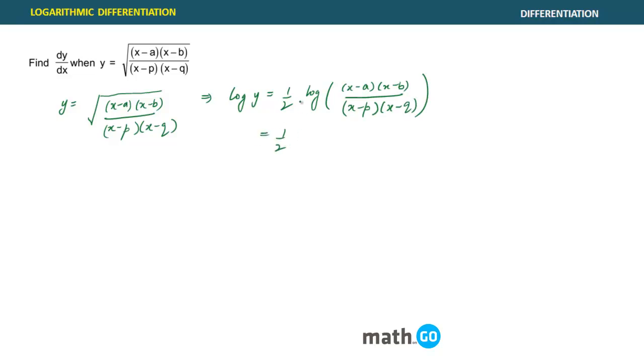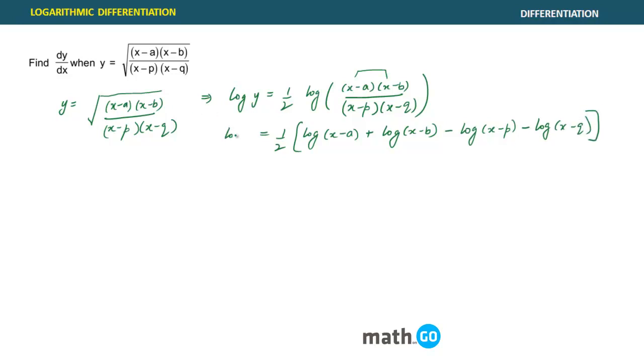This is much easier if you apply the property of log now. So this will split into 4 logs: log of x minus a plus log of x minus b, this is for the numerators. Denominators go with the minus sign: minus log of x minus p minus log of x minus q. Very simply done.